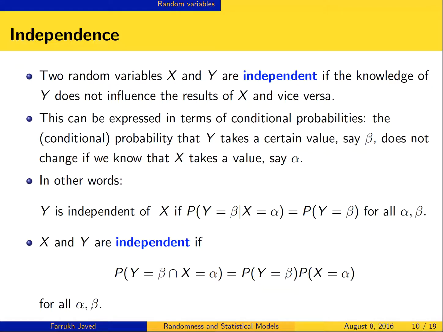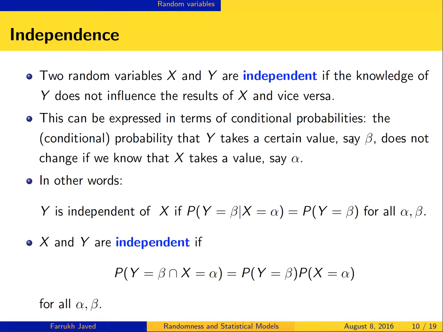If we have dependence, then we need to evaluate probabilities through conditions. We say that the probability that y takes a certain value does not change if we know that x takes a value, for instance alpha. So the probability of y being beta given x being alpha is what tells us whether y is dependent or independent of x.